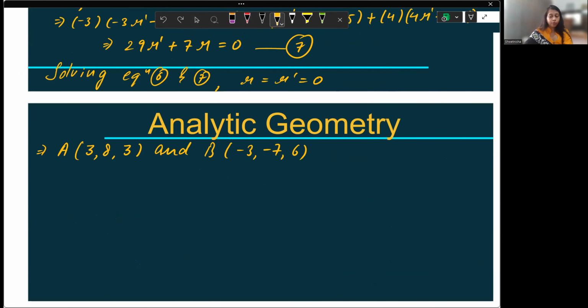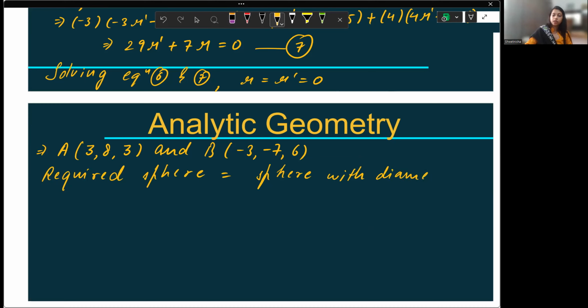Now the last step. The sphere with the smallest radius touching lines 1 and 2 would be the sphere with diameter AB. Required sphere is equal to the sphere with diameter AB.